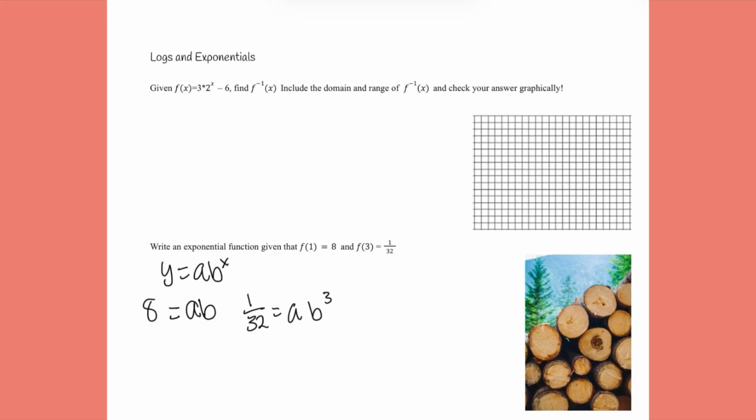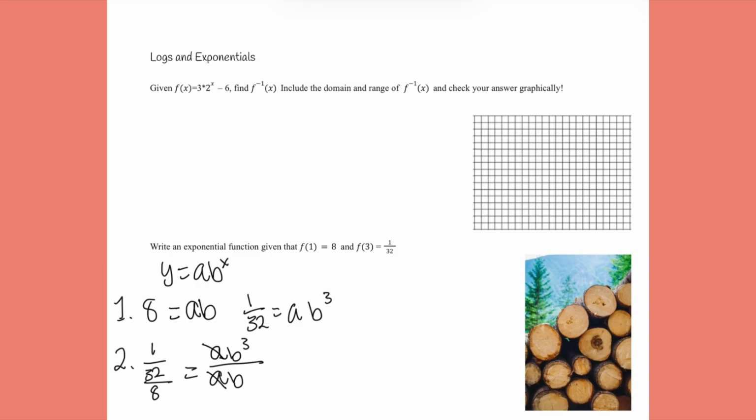The first step is that if I divide one of these equations by the other equation, I can get rid of a. So my second step is going to be to eliminate a. I'm going to do that by having 1/32 divided by 8 equal to ab cubed divided by ab.